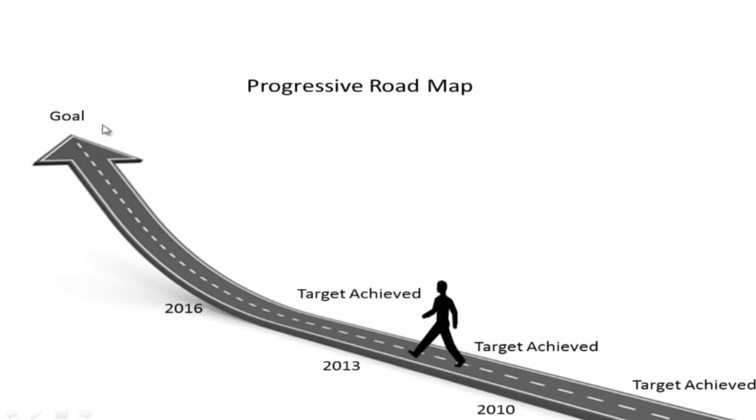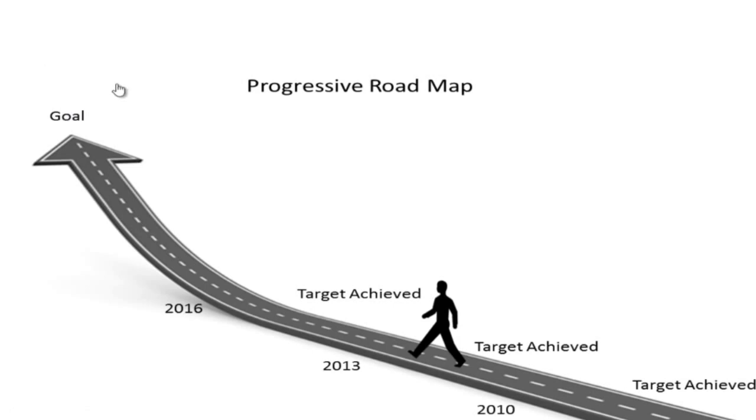You can write your text here instead of goal, such as the time or your future goal, and then write the description here. So this is another way to show the progressive roadmap.